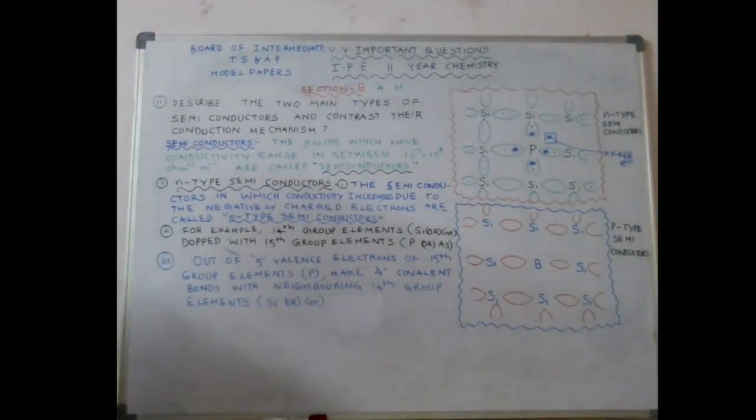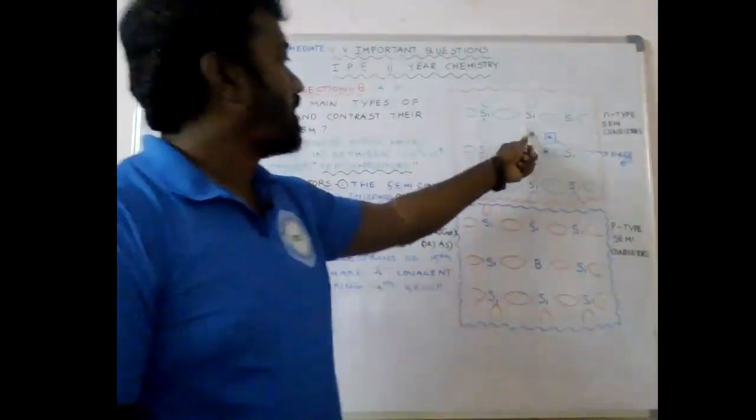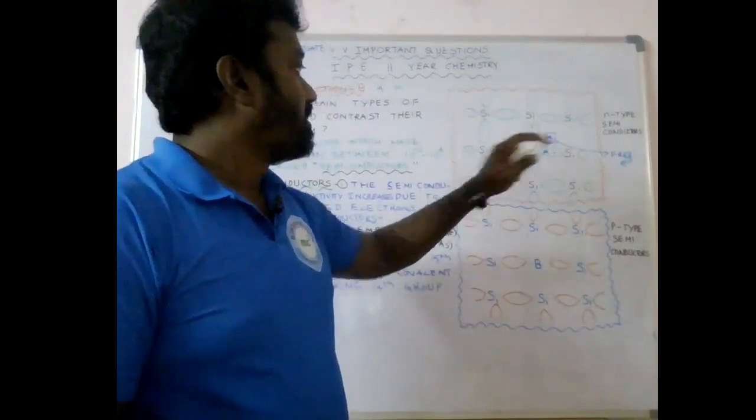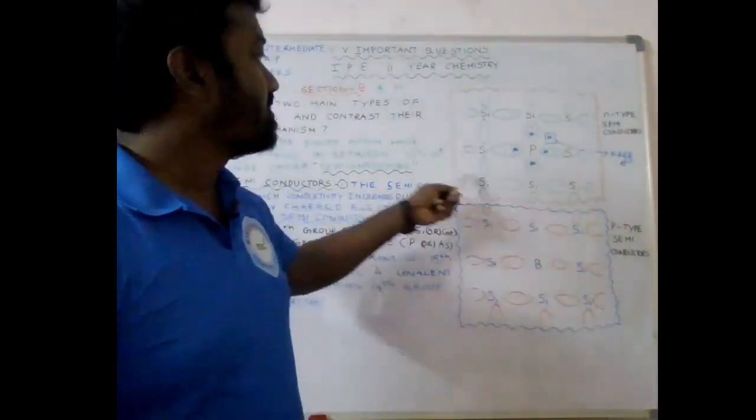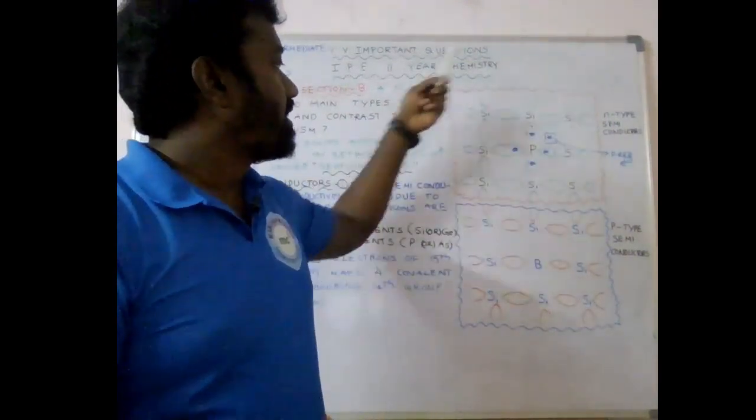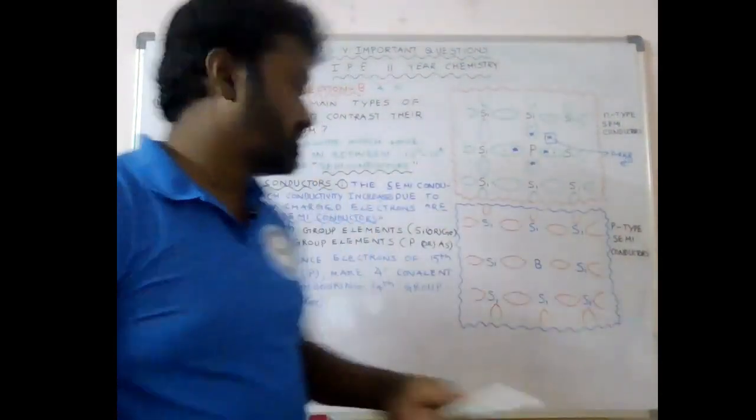Out of 5 valence electrons, 4 electrons make covalent bonds, 1, 2, 3, 4. But the remaining one we have to explain. The remaining 5th electron becomes delocalized. Means it is moving like this in the total structure. Because of that, conductivity will increase. That is the last point you can write.